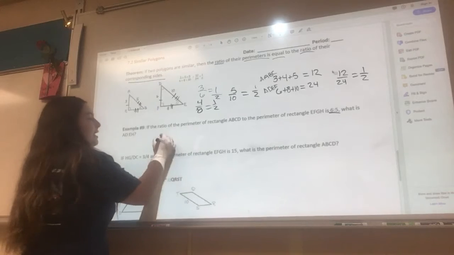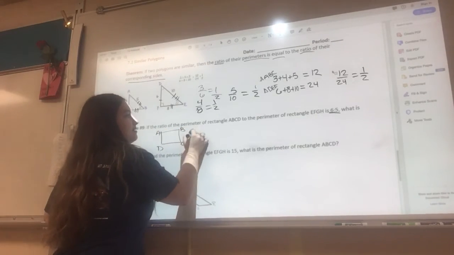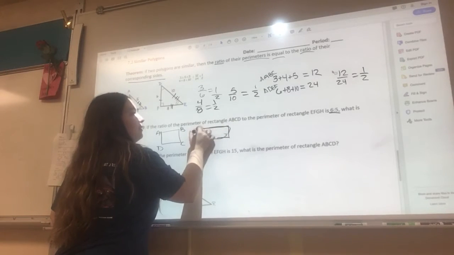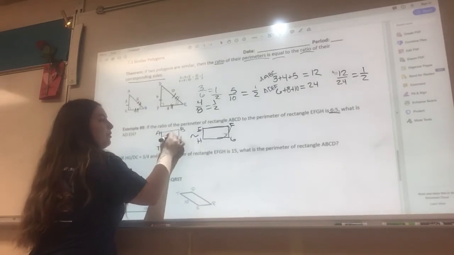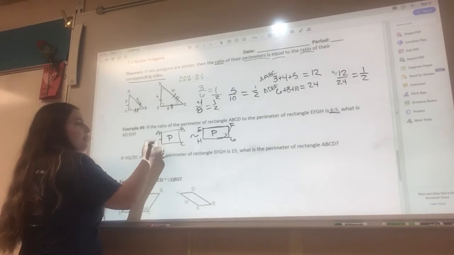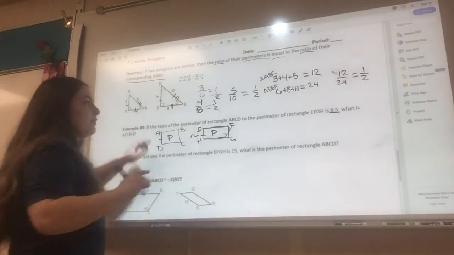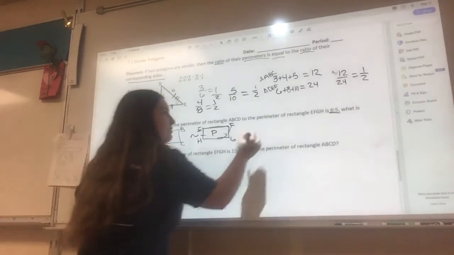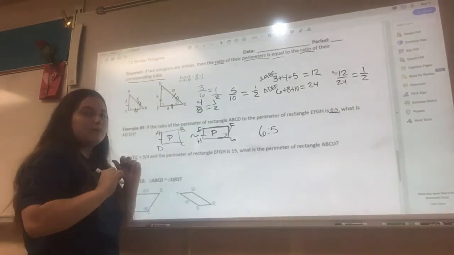So looking at it, ABCD is similar to EFGH, and their perimeters are similar to each other. And it says AD to EH. How are they going to be proportionate? Well, if the ratio of the perimeters is 6 to 5, then the ratio of the sides is 6 to 5. That's how that works.